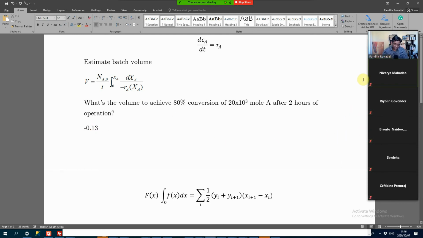So it's going to be 20,000 moles, 20E3 times minus 0.13 divided by 2 hours of operation. Right, and that's all we have to do in that case. So that then gives us a volume. That's the batch volume we require to accomplish this.